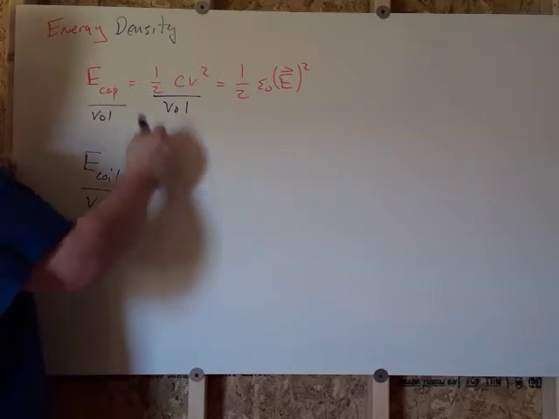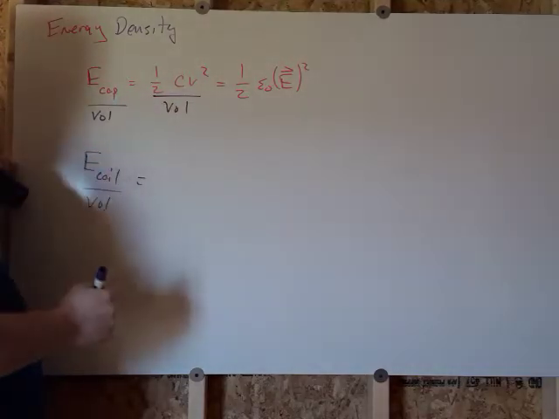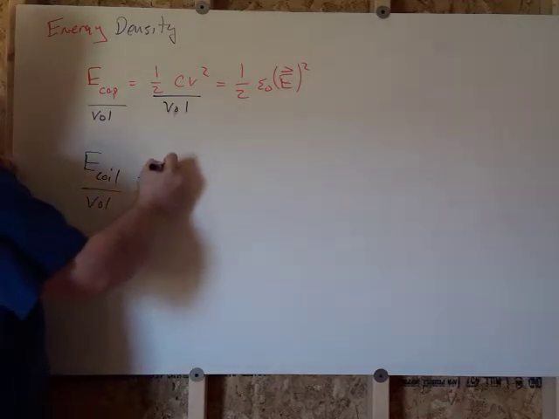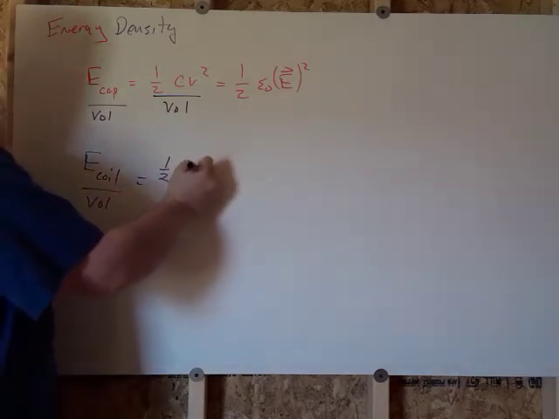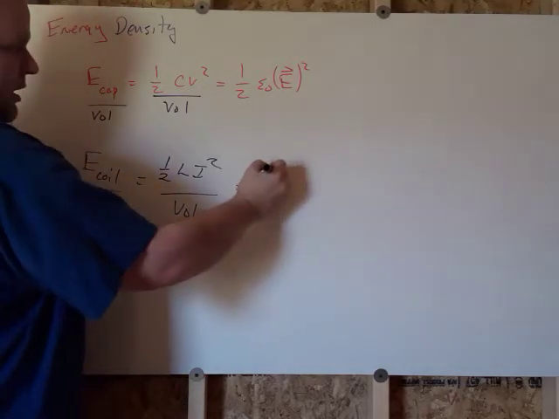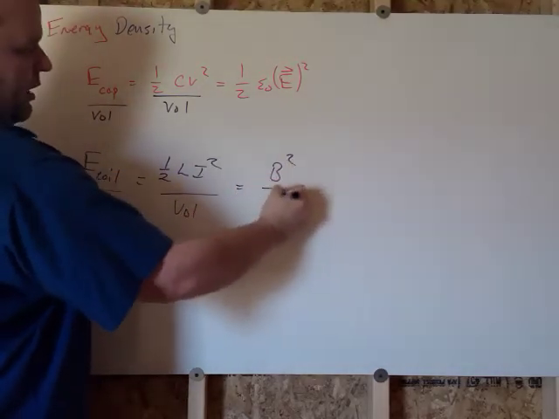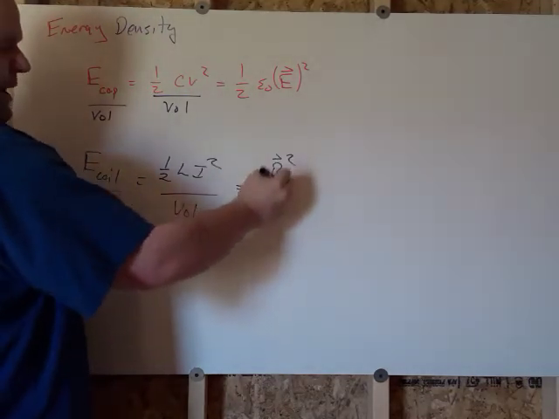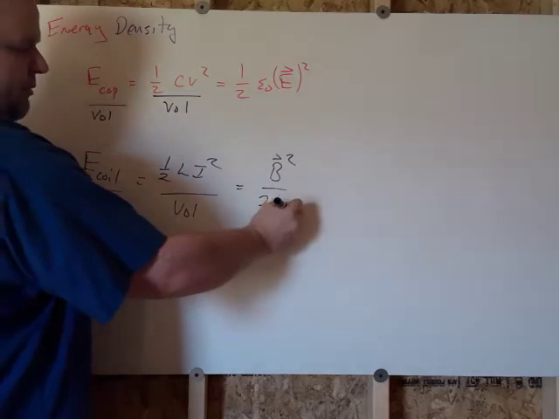So for the coil, it's going to look like a function like this, but it's going to depend on the inductance of the coil and the current. And so if you solve through all this, you'll get the magnetic field squared over 2 times mu naught.